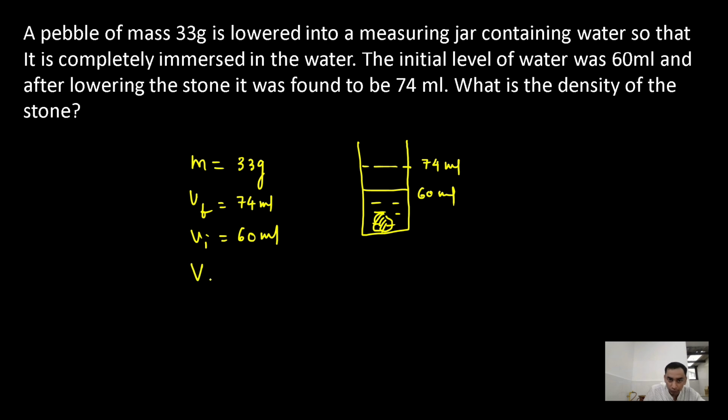So the volume of the stone or the pebble is equal to the difference in the volume, 14 ml, which is equal to 14 centimeter cube because 1 ml is 1 centimeter cube.